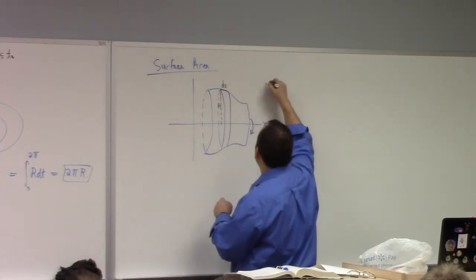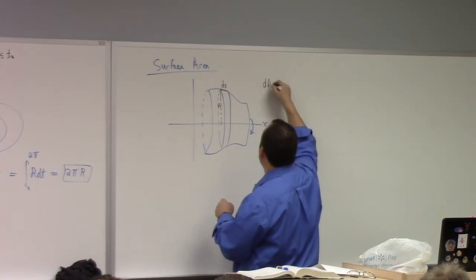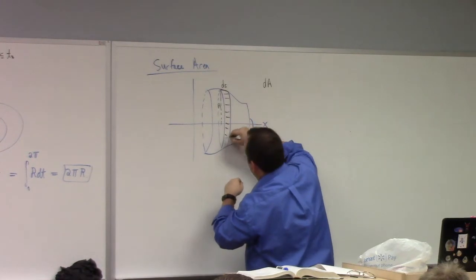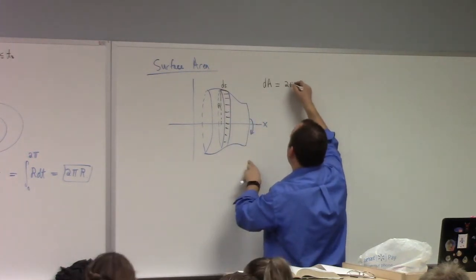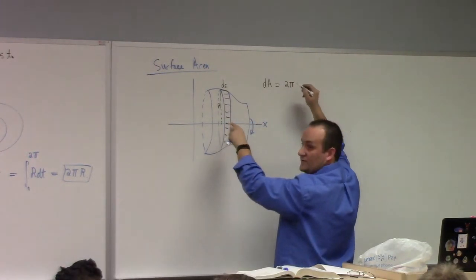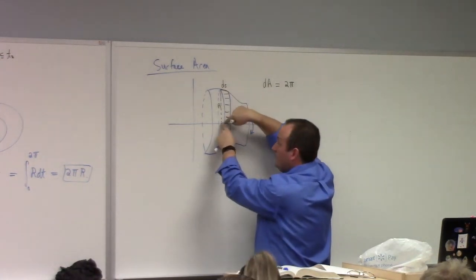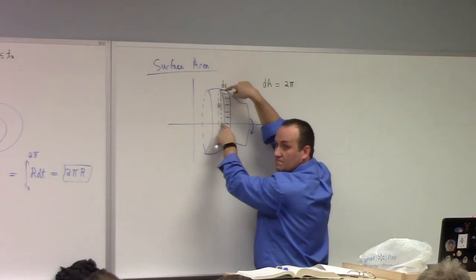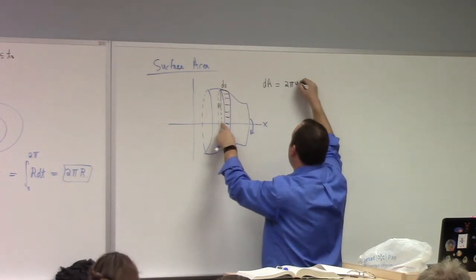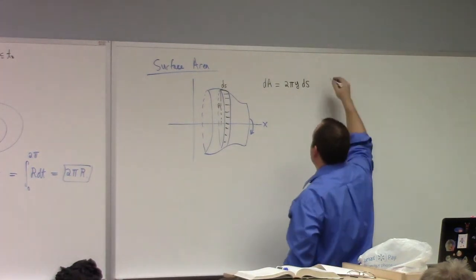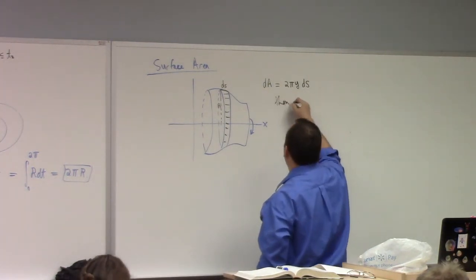So the little bit of area for that one band would be 2 pi times the radius. What's the radius here? Well, the radius would be the y for the curve, right? Y is the radius for this. So we do 2 pi y ds, and then add these up.